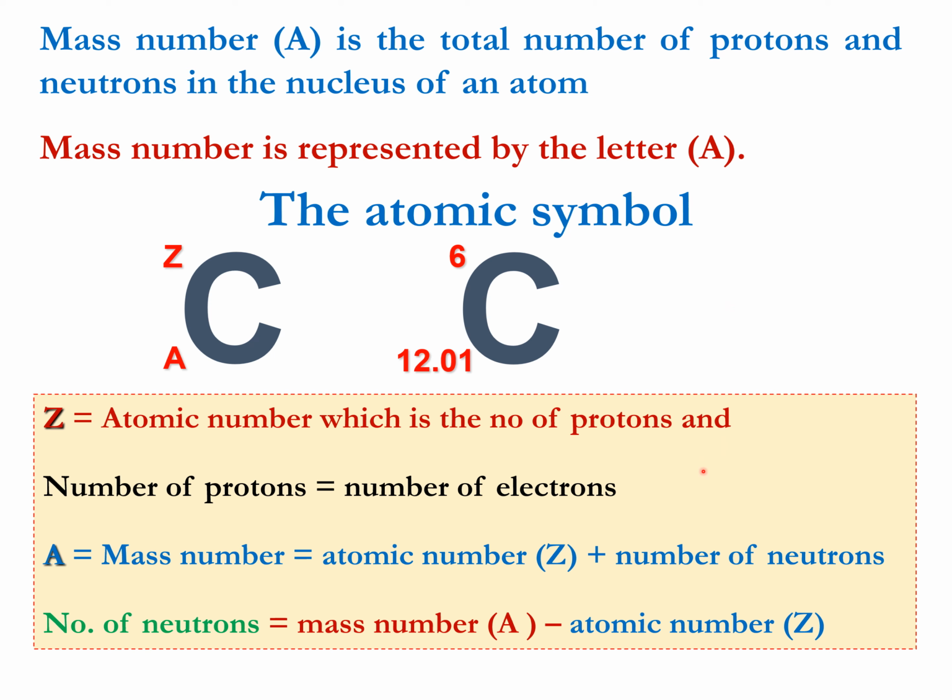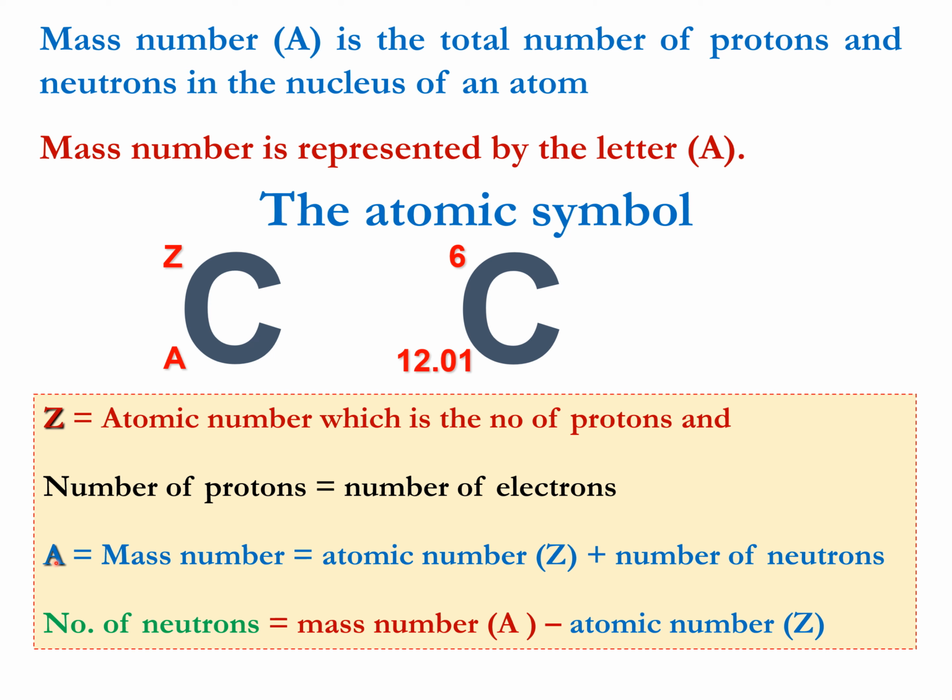So atomic number is the number of protons, as I said earlier, and also number of protons is always equal to number of electrons. So since carbon, for instance, has 6 protons, it must also have 6 electrons because number of protons must be equal to number of electrons.